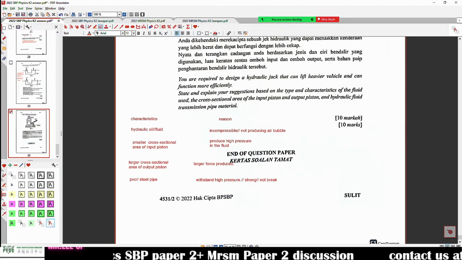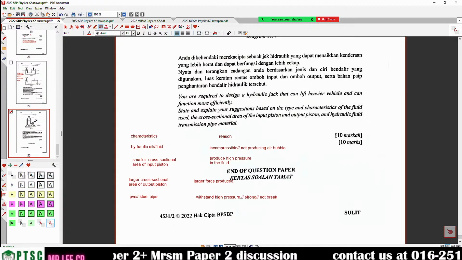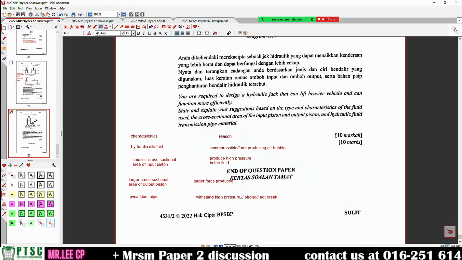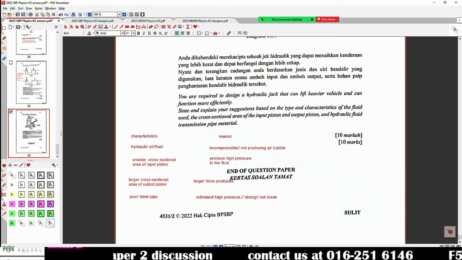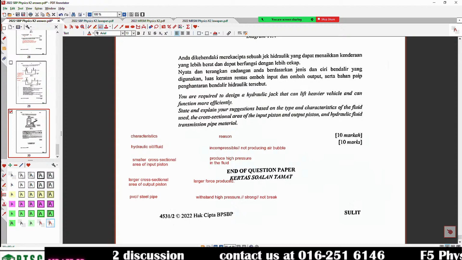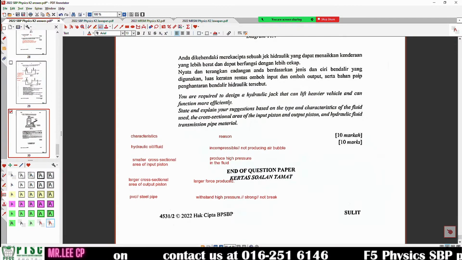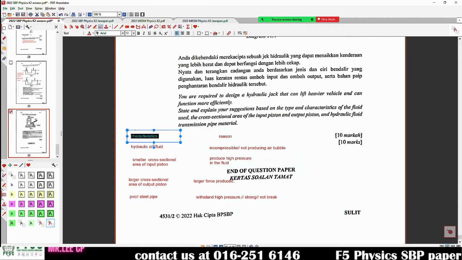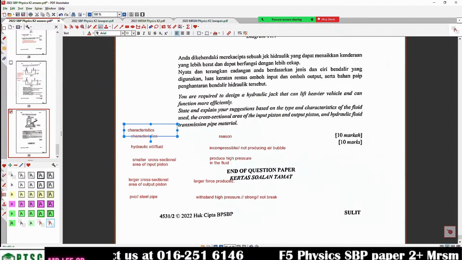It seems I am short of one mark. You are required to design the hydraulic jack to lift up more efficiently. Explain your answer based on the type and characteristic. Type is one, and then characteristic. So I am short of one mark.